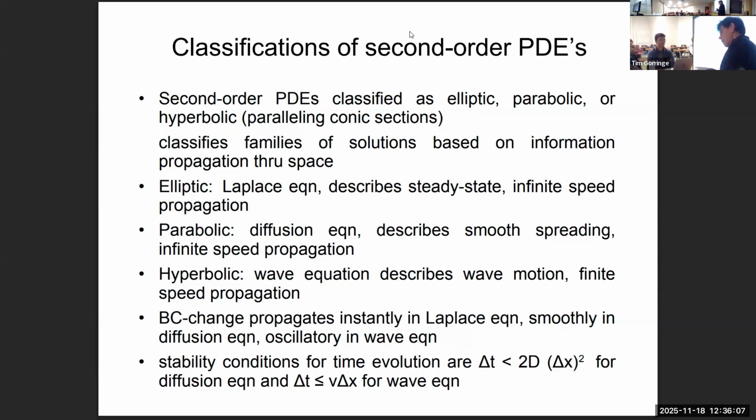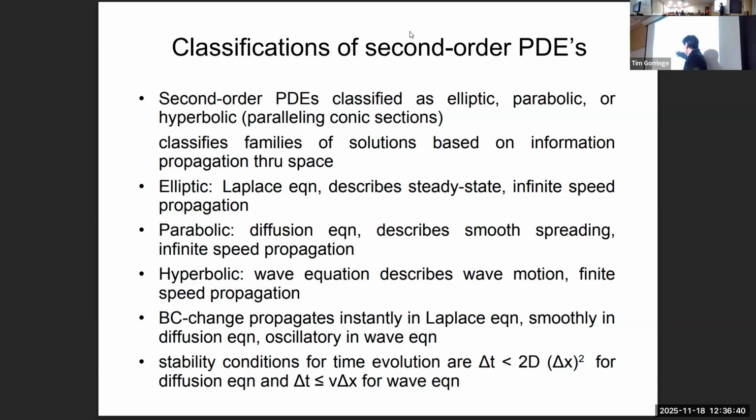In Laplace's equation, the solution is actually a static solution. If you were to change the boundary conditions on Laplace's equation, that information would propagate instantly, immediately through time. It's not a partial differential equation that's evolving with time. So that's our elliptic classification.